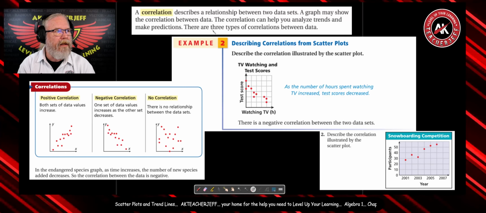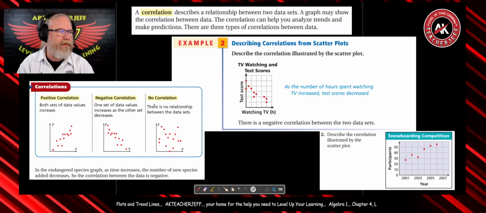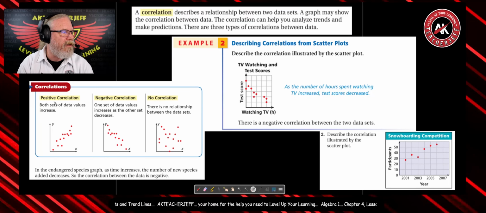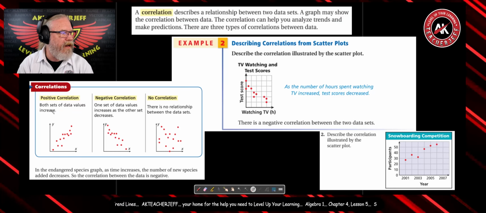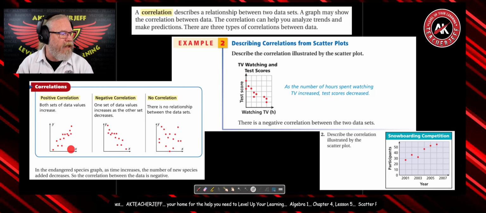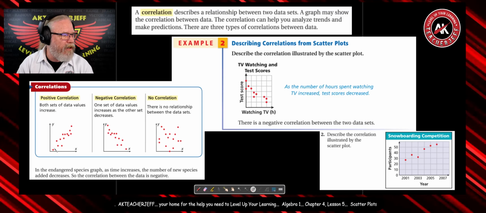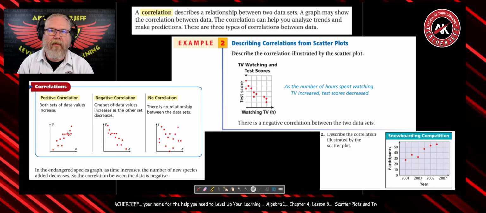Imagine that. There are three types of correlations between data. And these are the three types down here in our correlation box. Positive correlation. This is a case where both sets of data values increase. So we would read it as x increases, y increases. So that's an uphill. The pattern seems to go uphill from left to right.